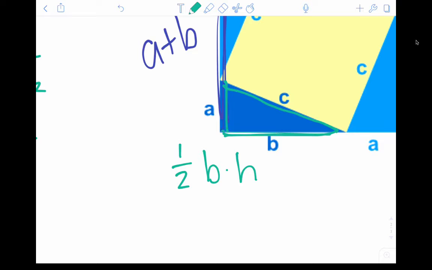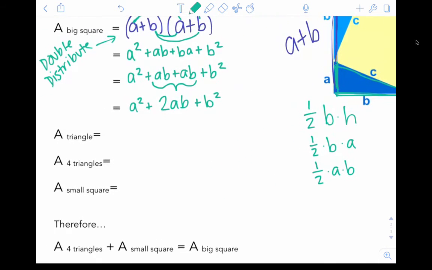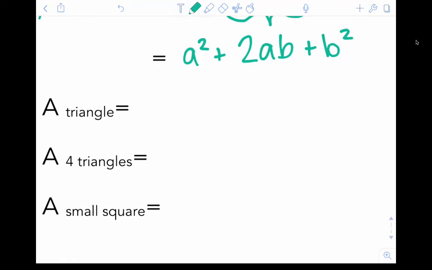I see that the base of this is B, and the height is A. So I have 1/2 BA. This is multiplication, so it's commutative, which means I can multiply in any order. So I'm going to write this as 1/2 times A times B, just so that it's written in alphabetical order. So the area of the triangle is 1/2 AB.